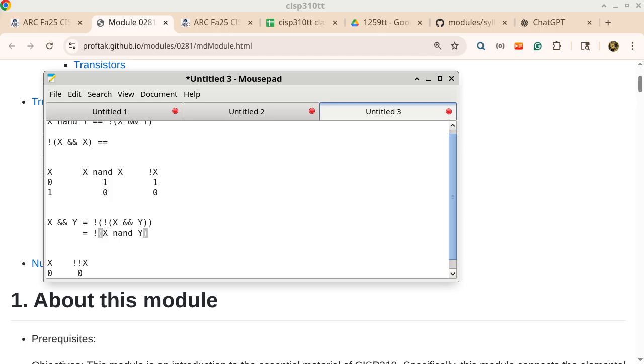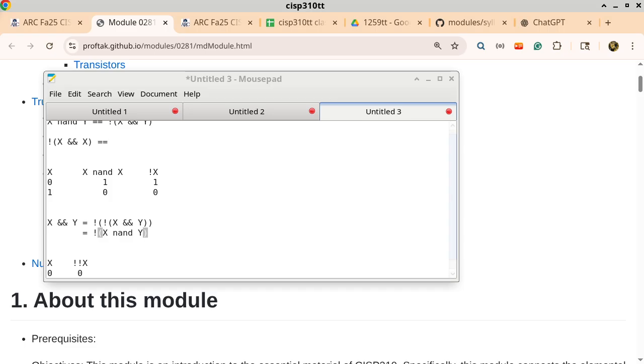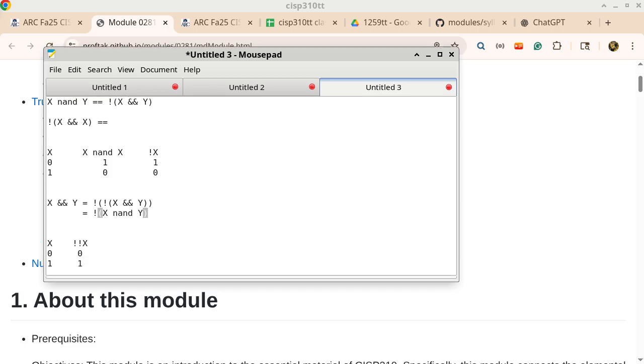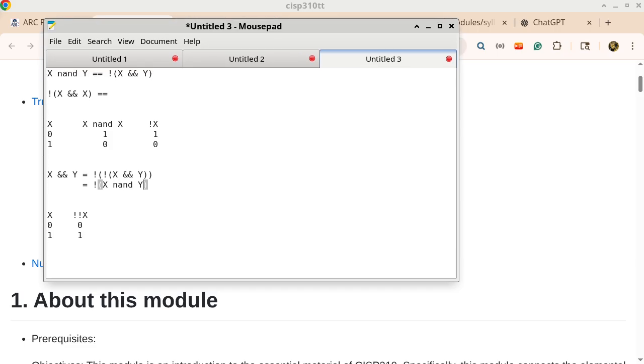But how do we negate something? I think we just did that, right? If I scroll a little bit, we just did it. We know how to negate something. You have to basically take this whole thing and NAND itself.